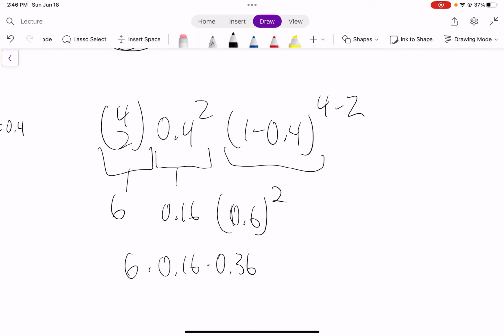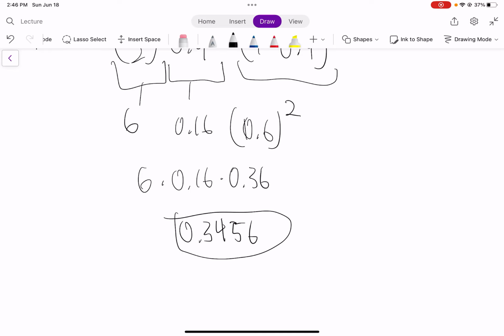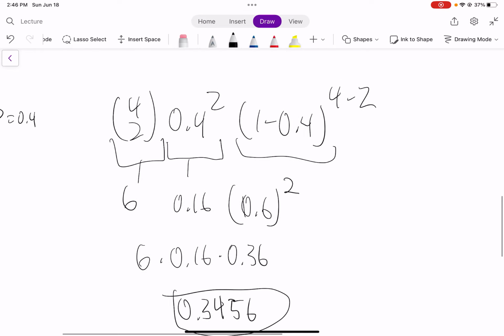So we multiply 0.36 times 0.16 times 6. And we got 0.3456.